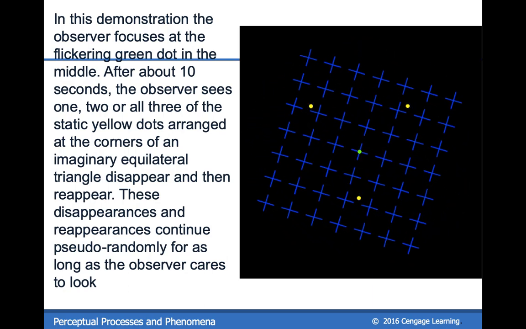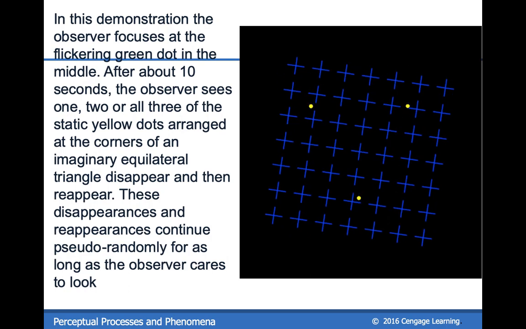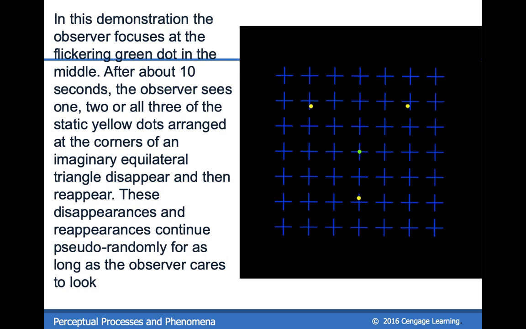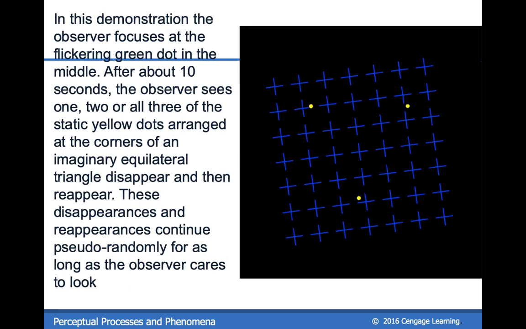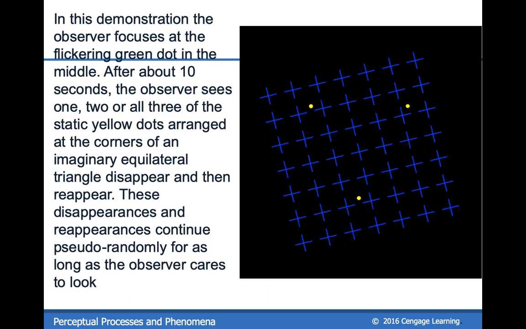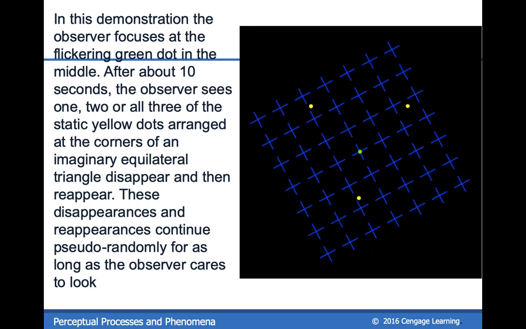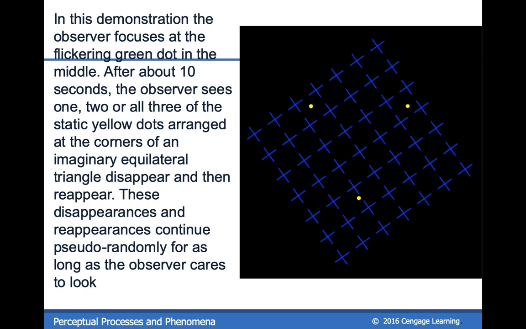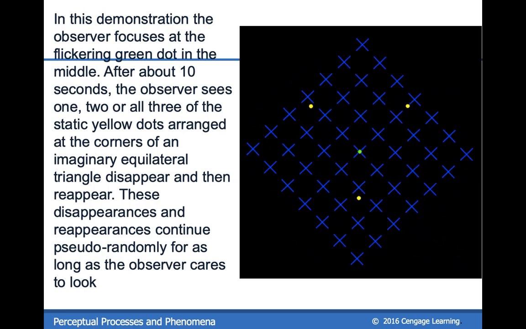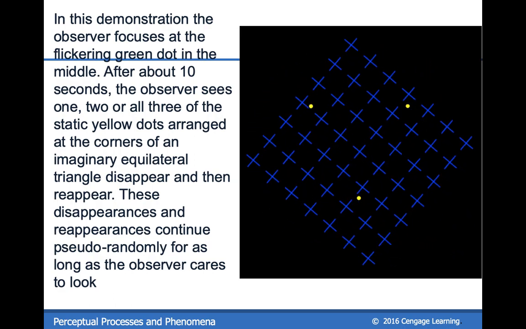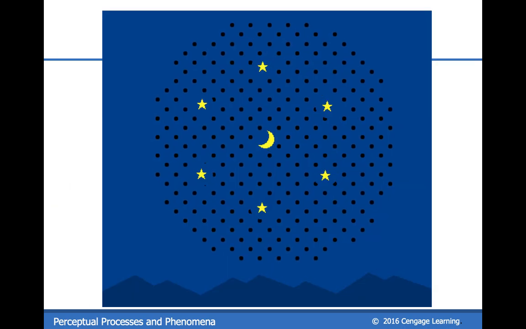What do you guys think? Essentially what the brain is doing is it's taking away information it doesn't think is necessary. It's focusing on the movement, and anything that's static is just going to be wiped away because it's unimportant to the brain. All right, I'm going to move on. There's another version of it.